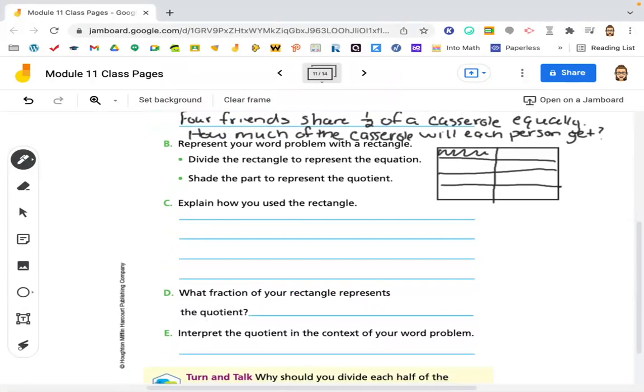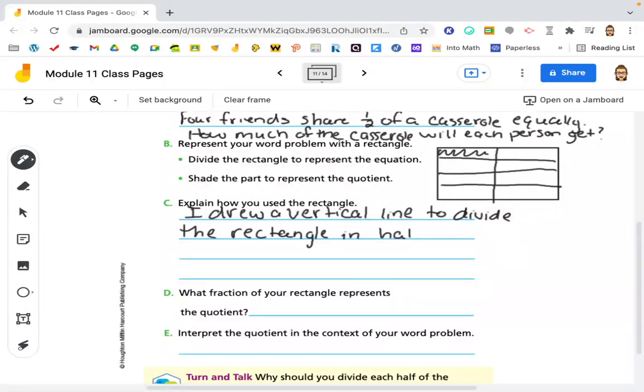So explain how we use the rectangle. I drew a vertical line to divide the rectangle in half. Then I divided the first half into 4s.